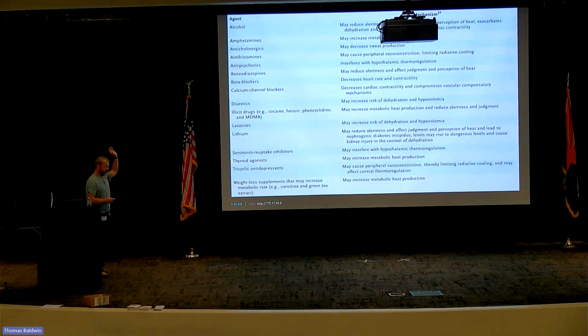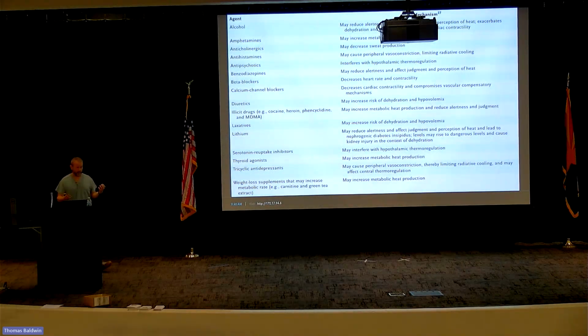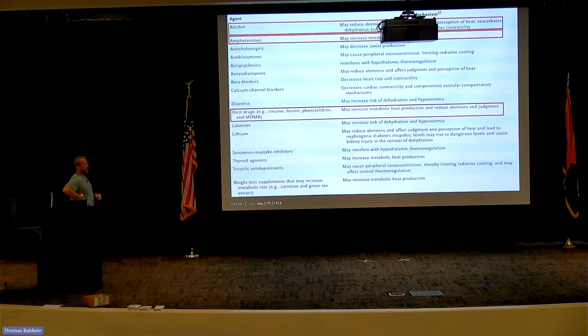And then there's a whole litany of medications that can contribute to either altered autonomic thermoregulation or behavioral changes that make the patient perhaps less aware of hyperthermic conditions. As we move into the summer months, we see these in conjunction with hyperthermia very frequently.